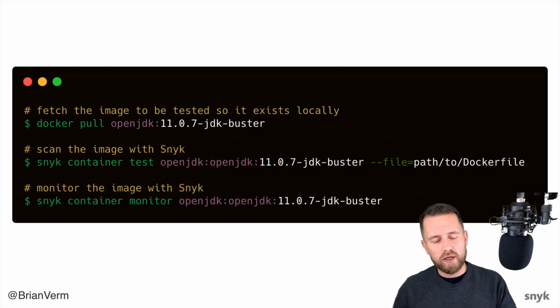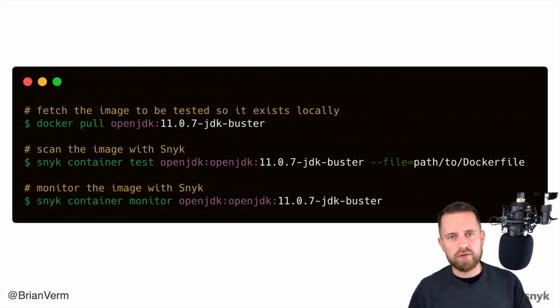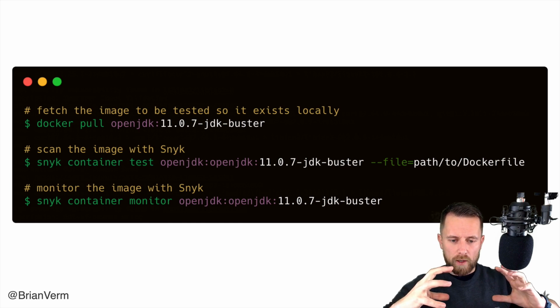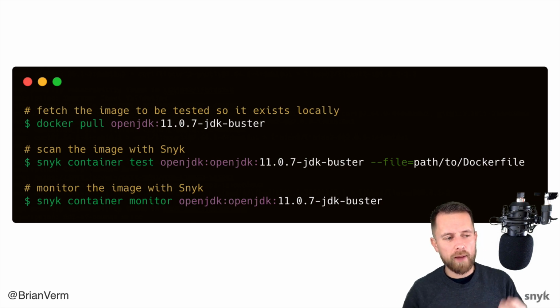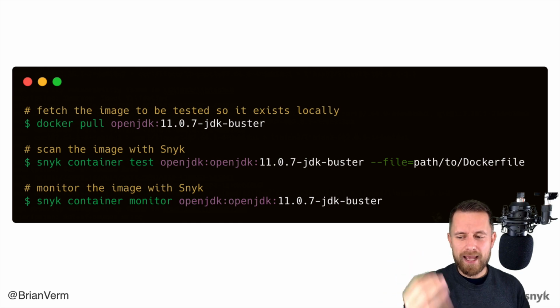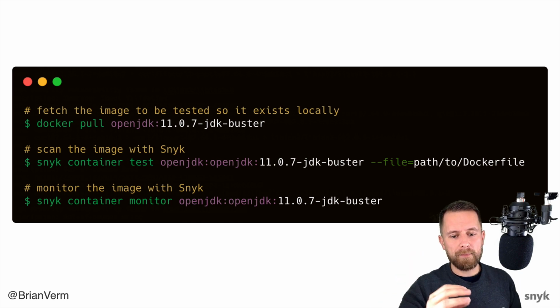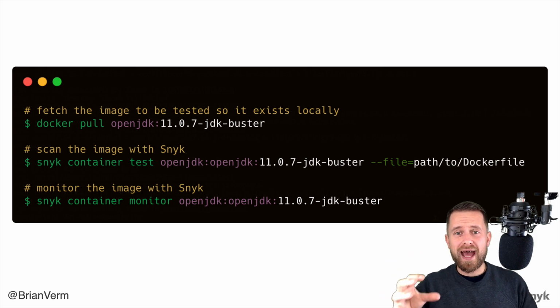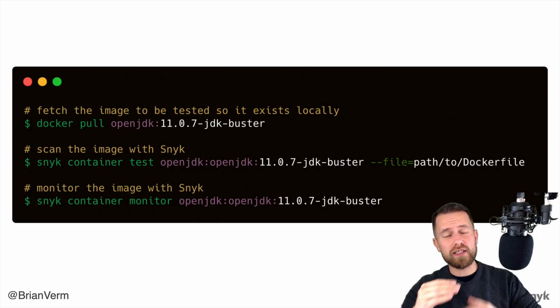The last command over here, you can monitor it. That's perfectly fine, or that is even better if you want to move a container you built to production. If I monitor it, it will be sent to the Snyk UI or to your account, and we can monitor it over time. So over time, we can see if your Docker image, your Docker container, has vulnerabilities or there are new vulnerabilities found.